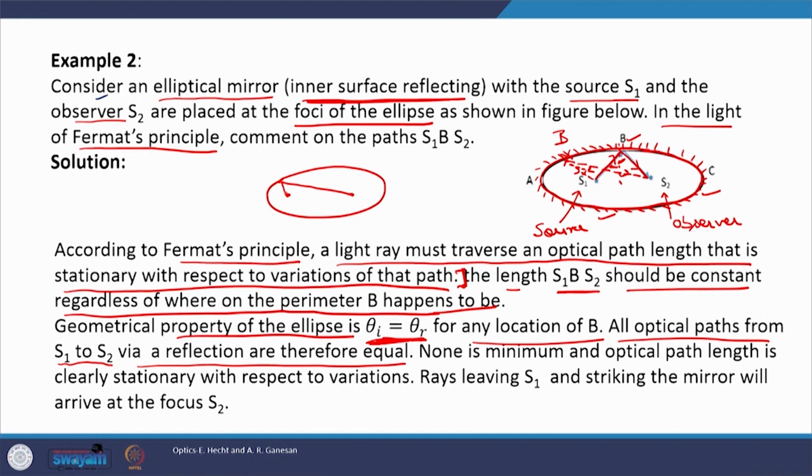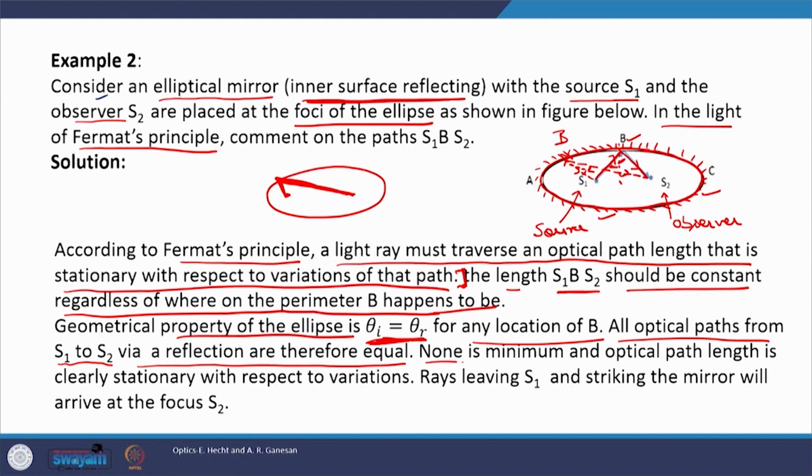Which means this constant path length will form an ellipse, its locus would be an ellipse, and this is the property of the ellipse which is being used here in the elliptical mirror.